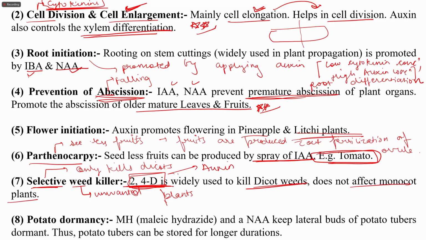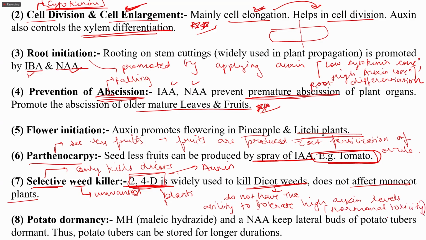So when we apply 2,4-D over the plants, then dicot weeds do not have the ability to release auxin, or we can say they do not have the ability to tolerate high auxin levels, causing hormonal toxicity.